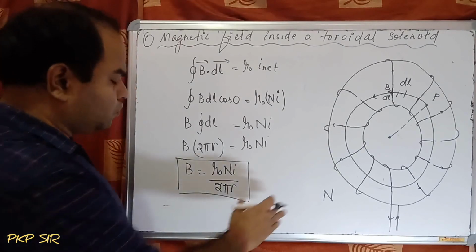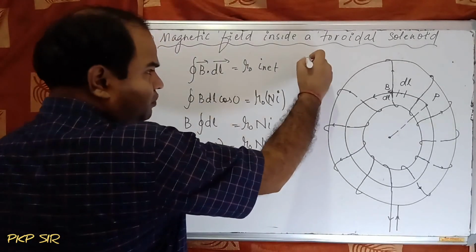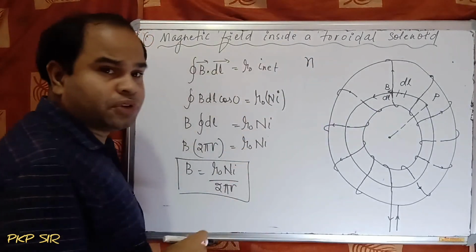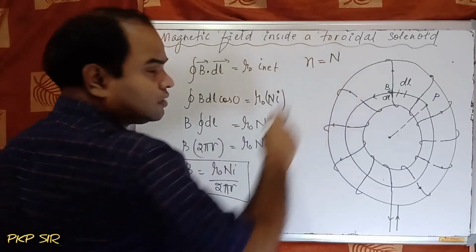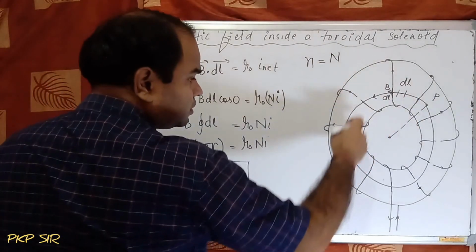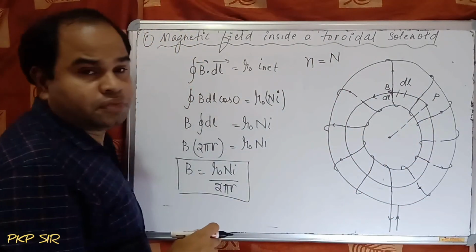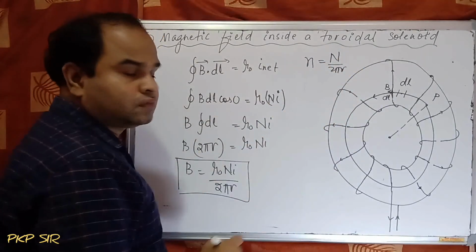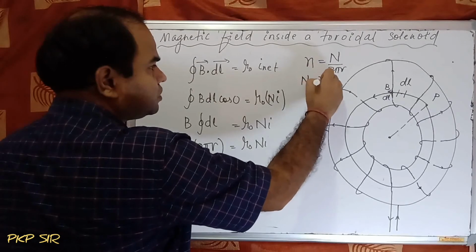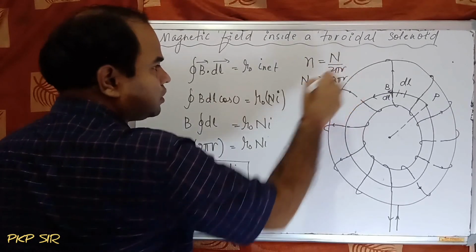And we know that if n is the number of turns per unit length, then n is equal to N divided by the total length. The total length is the circumference, that is 2 pi r. So N is equal to n into 2 pi r.